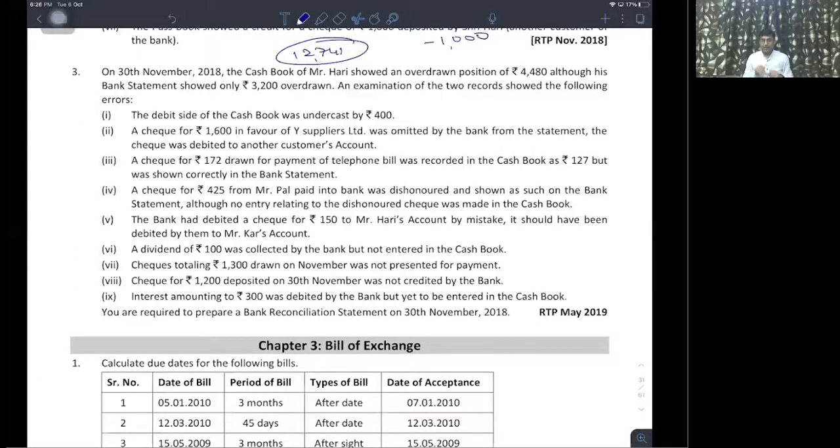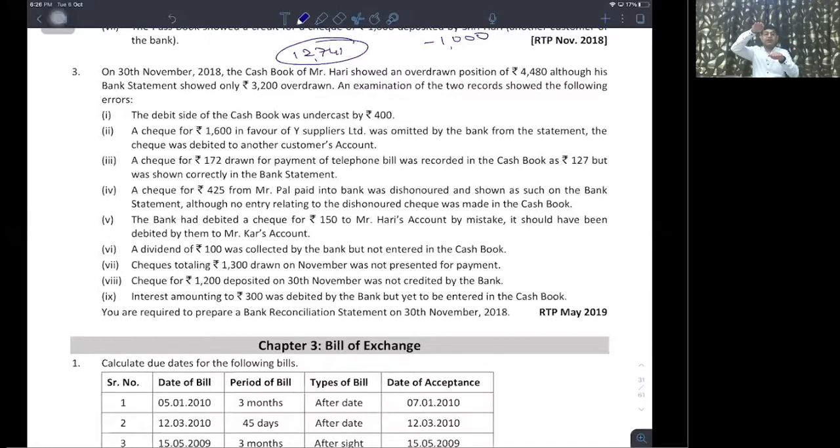Go back to the cash book. Cash book debit side, cash book credit side. Debit side undercast मतलब cash book का overdraft ज्यादा दिख रहा है या नहीं? As compared to passbook. Go back to passbook. पासबुक में कैश बुक से ज्यादा है. If your starting point is cash book, then CB to PB less.